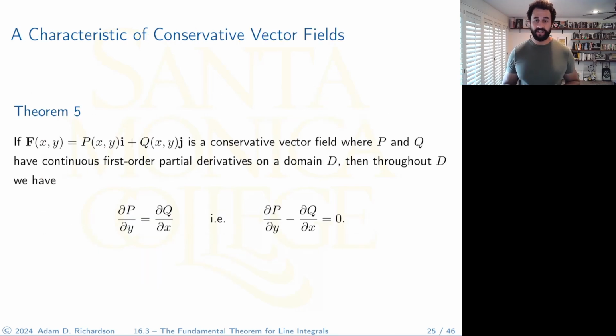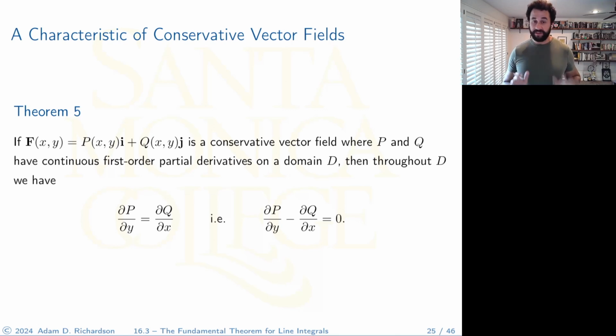So here it is. This is the characteristic that we're talking about. And we're just going to stick to R2 and R3 for now. Things can get a little bit hairier if you go up in the dimensions. And that's mainly because of how curl comes into play here, which we're going to talk about very briefly in a moment. And then you will see it more in the next section.